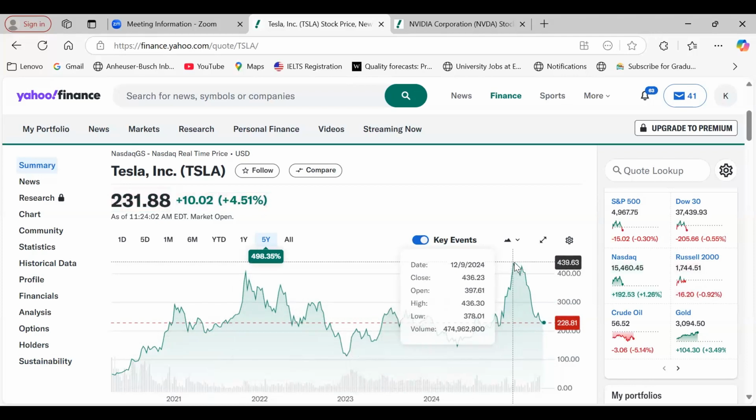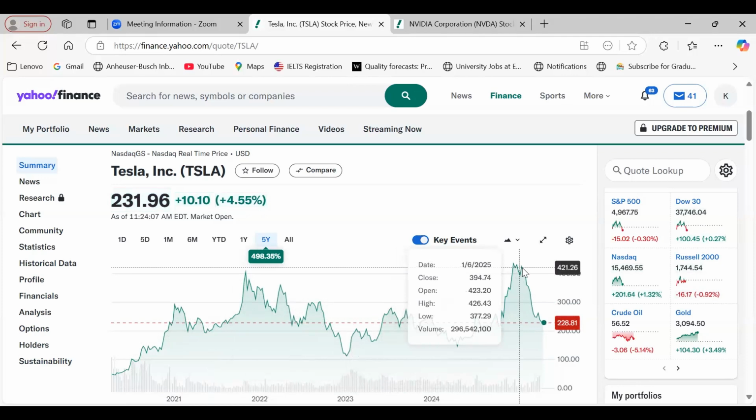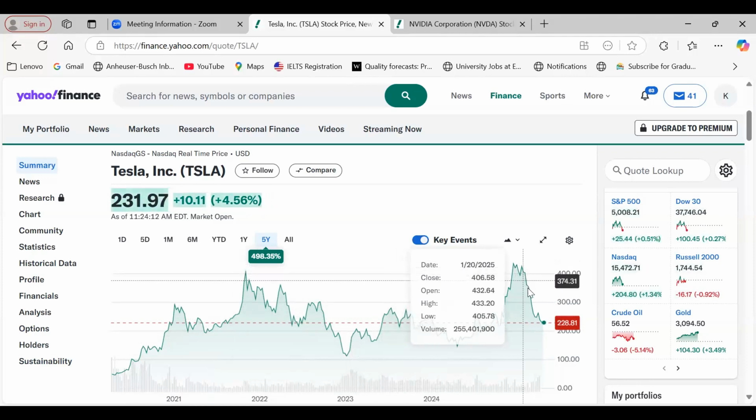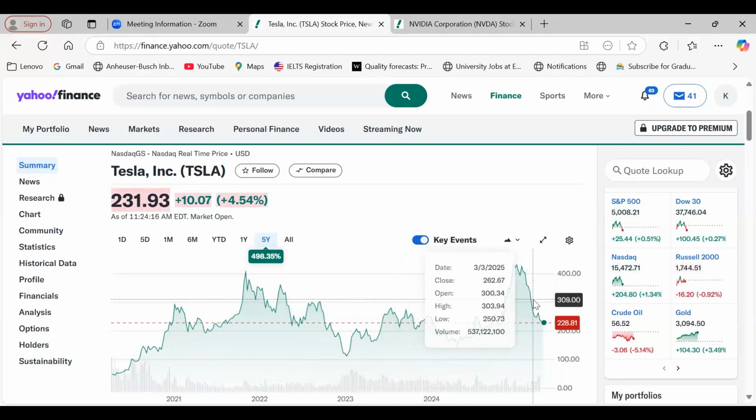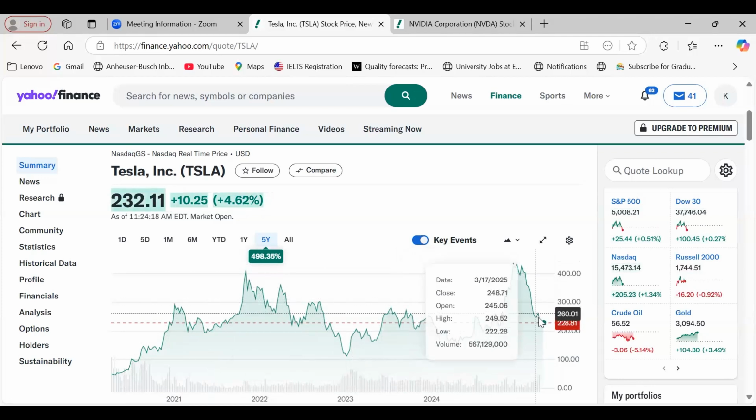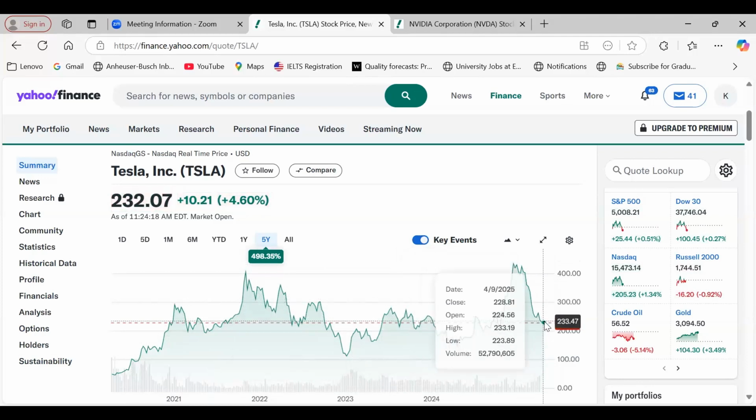You saw it peaked around the 9th of December. And then it began to decline. And then since January, we have seen this sharp decline until today. And this is where we are.